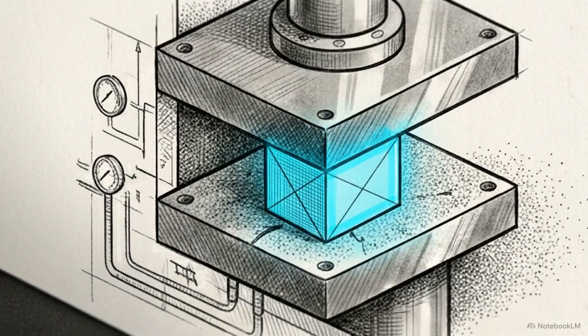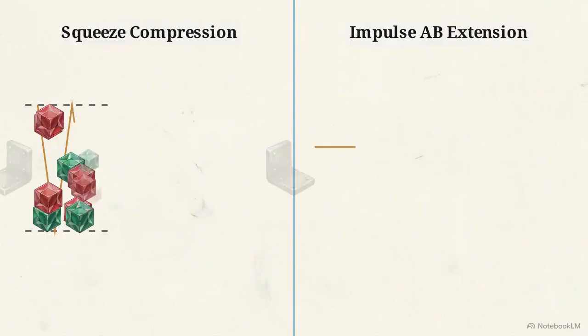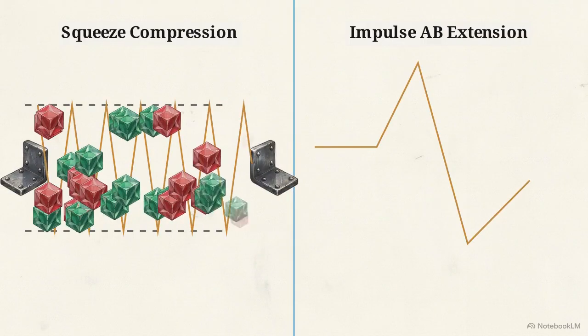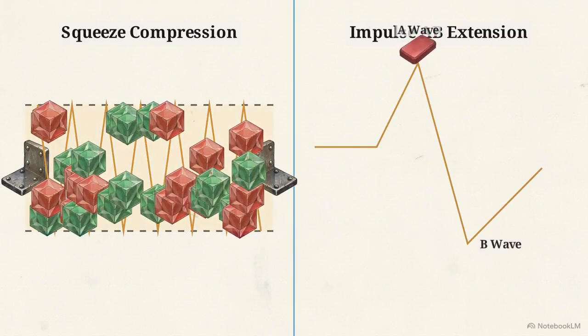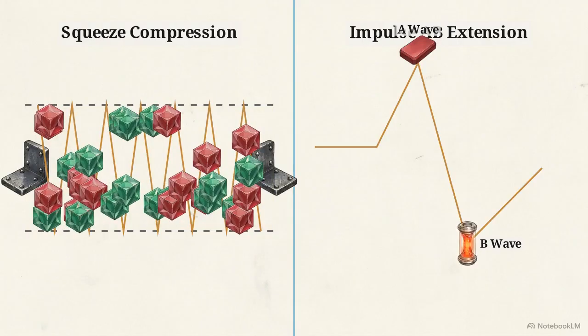What retail traders see as dead air is an active environment where algorithms aggressively trap localized liquidity to power the next expansion. Algorithmic refueling follows two specific geometric models to concentrate this order book energy. These are the lateral squeeze compression and the vertical impulse AB extension.